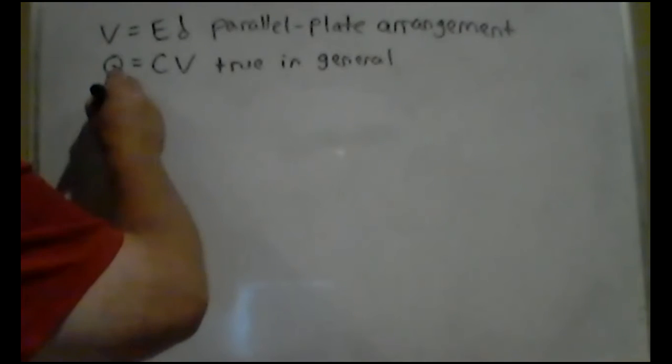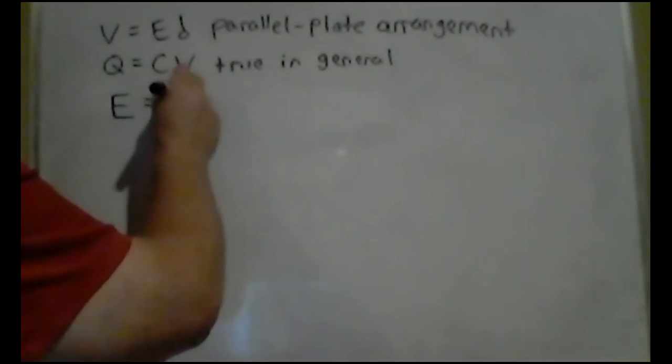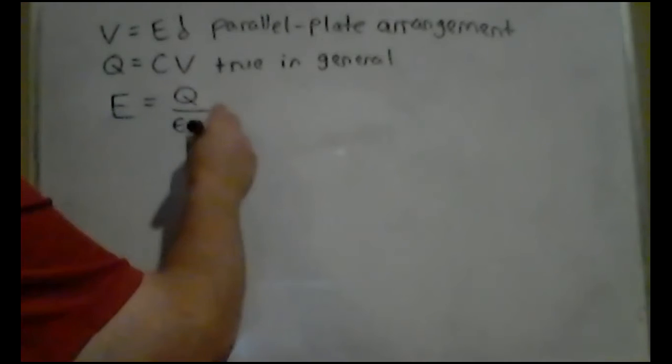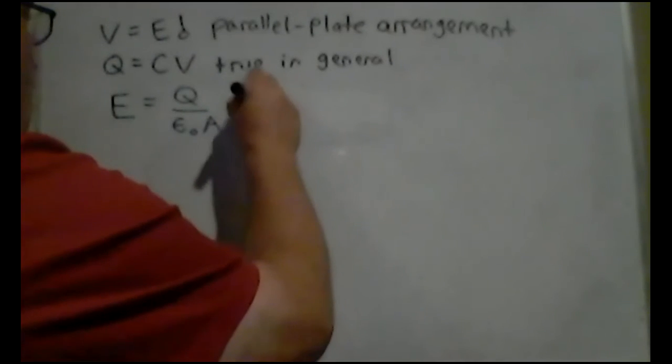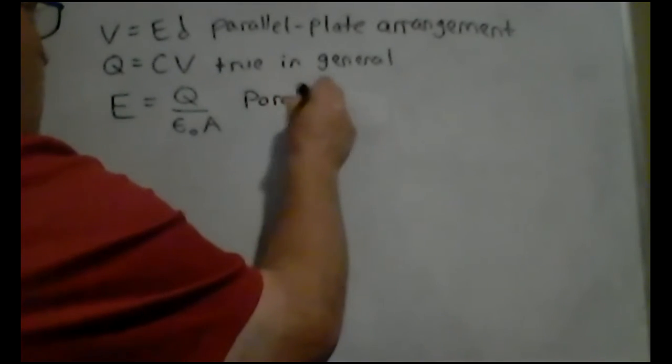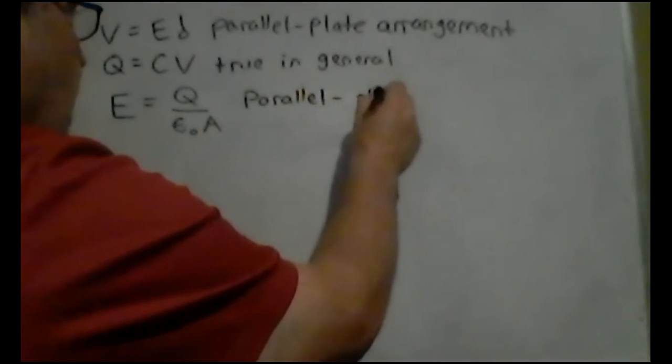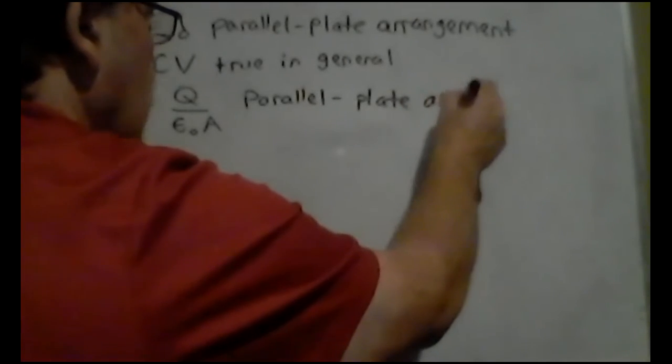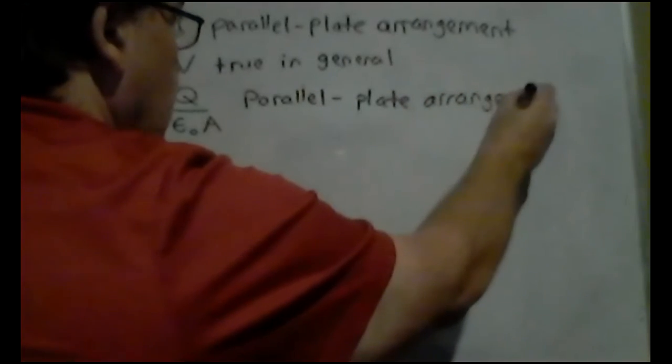Again, E equals Q over epsilon naught A is only true for a parallel plate arrangement. The top and bottom equations are only true for a parallel plate arrangement, whereas the middle relationship is true in general.